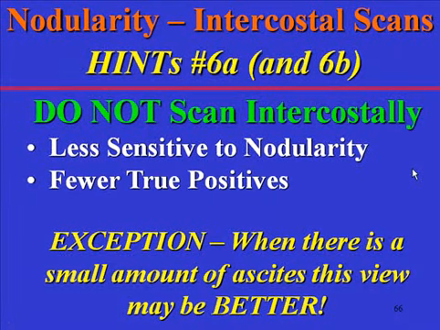The reason we don't scan intercostally, to emphasize again, is that it's less sensitive and there are fewer true positives. The one exception to this is when there's a small amount of ascites present; sometimes you can actually see the liver surface better on the right. So if there's ascites out laterally, that can be good and can allow you to make the diagnosis, especially if there's no ascites medially.